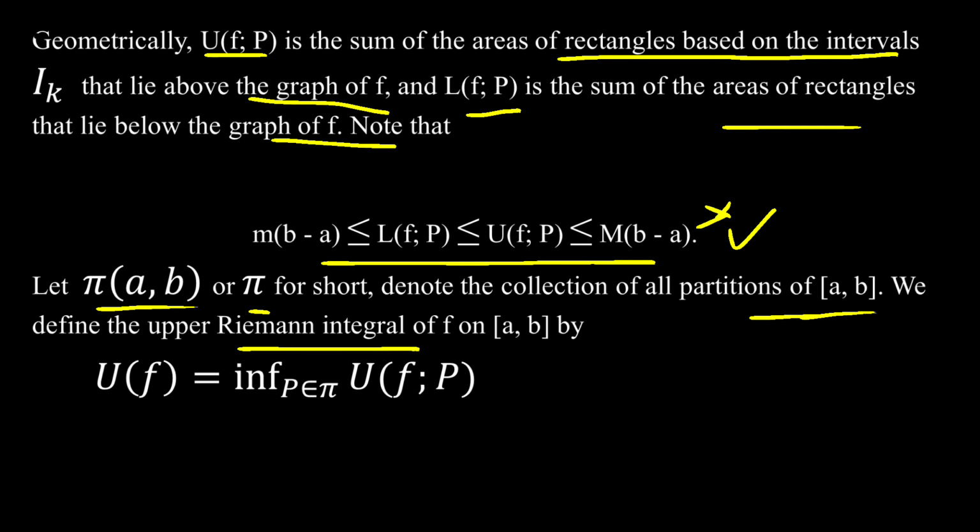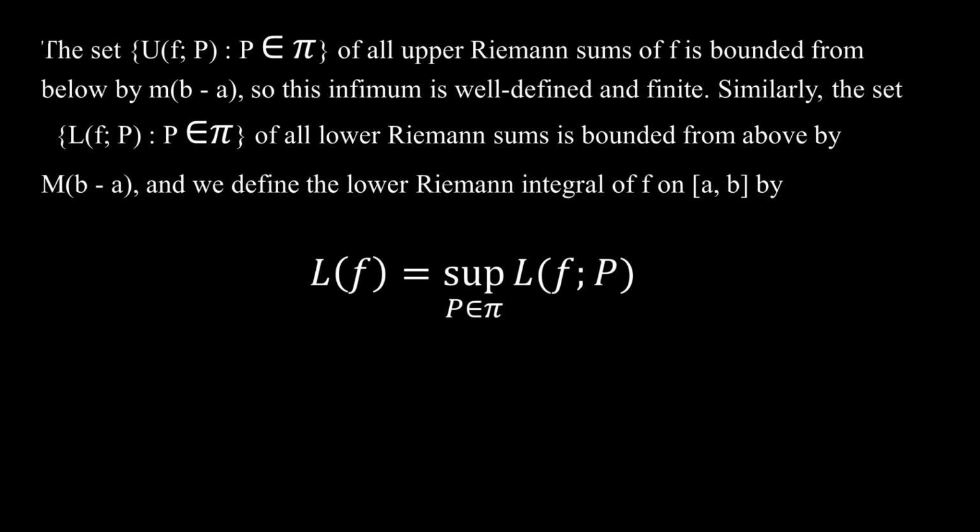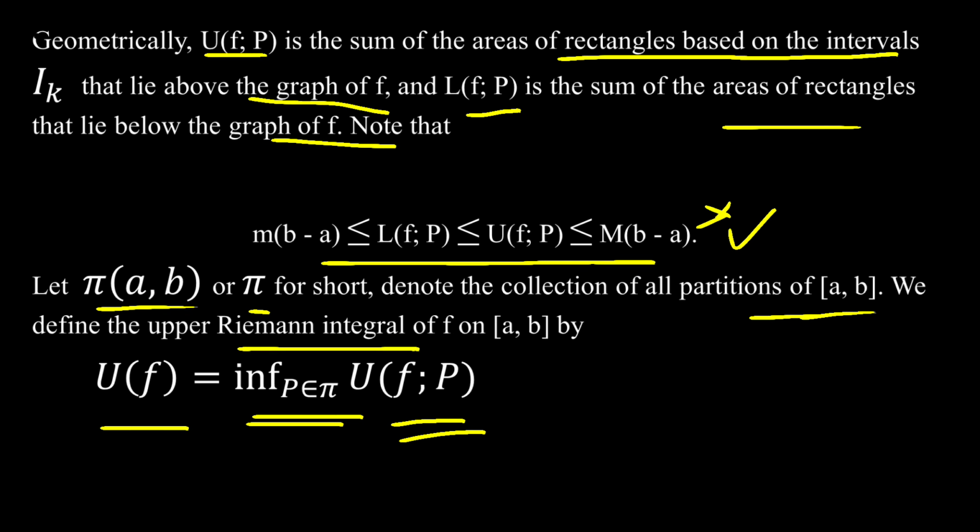The upper Riemann integral of f on a given interval will be defined by the infimum over P, the collection of all partitions in the interval, of the upper Riemann sums. These are very key points to note.